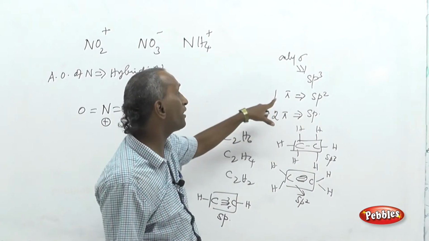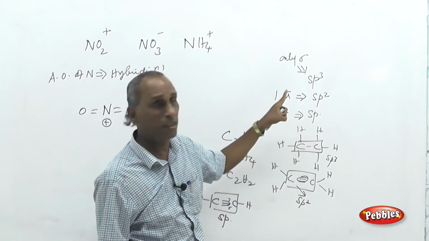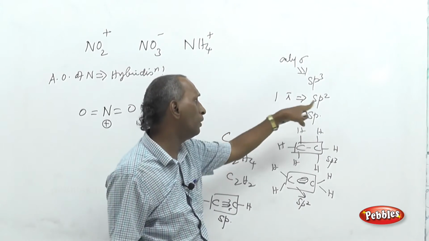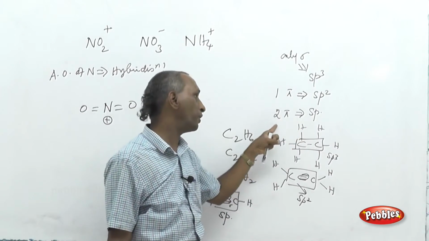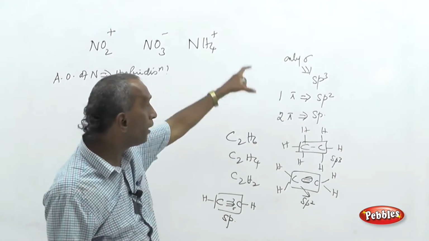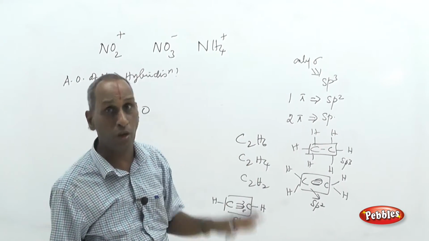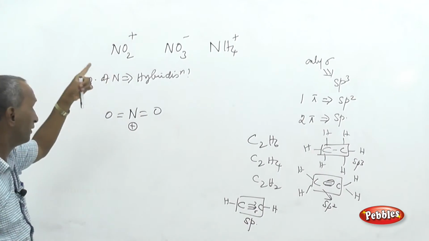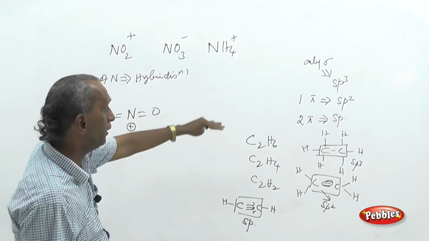If the system contains only one pi bond, the carbon-carbon hybridization is sp2. Whereas if it contains two pi bonds, it is sp hybridization. Here we have illustrated with the example of carbon. Here it is given nitrogen, so we need not bother about the elements.